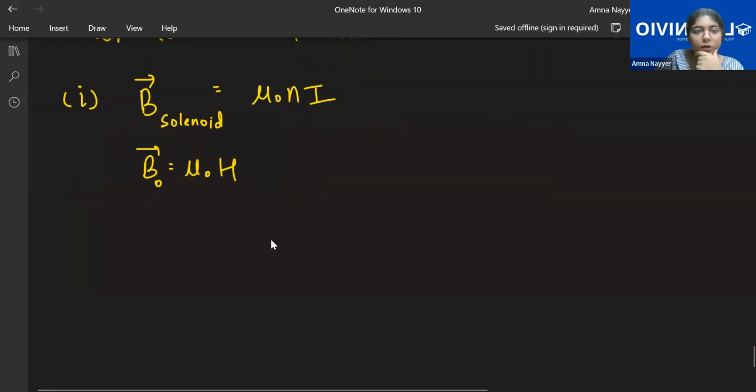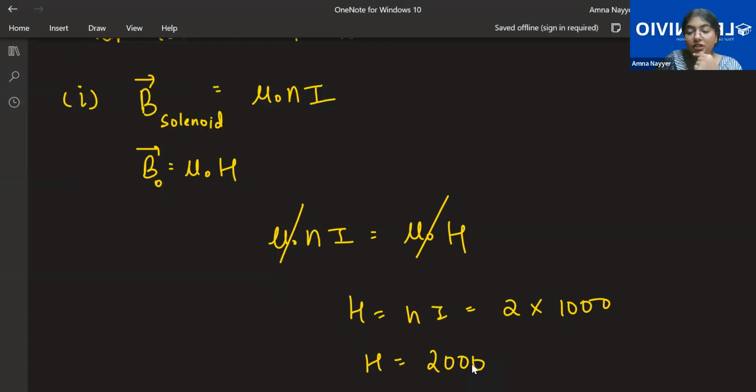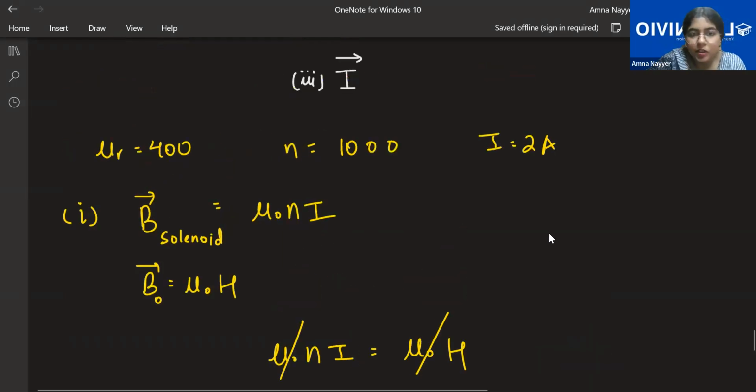So we can say mu naught n I is equal to mu naught H. Mu naught can get cancelled. N into I, so that is 2 into 1000. So H is equal to 2000. What's the unit of H? Not Tesla. Ampere per meter. So this is H.